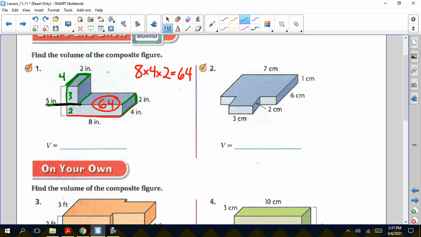That gives us a length of 2, a width of 4, and then the height of 3. 2 times 4 is 8, times 3 is 24. So the volume of this figure is 24. When we add those two numbers together, 64 and 24, we get 88. And because we're talking volume, it's inches cubed.